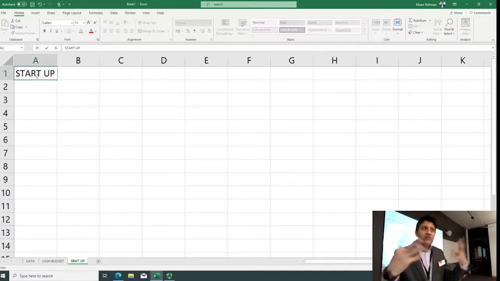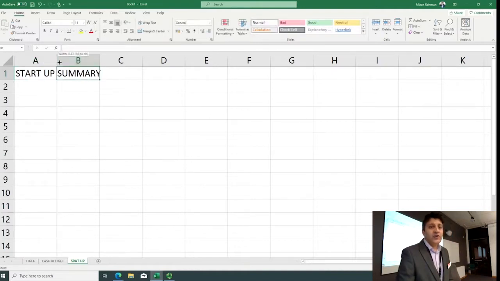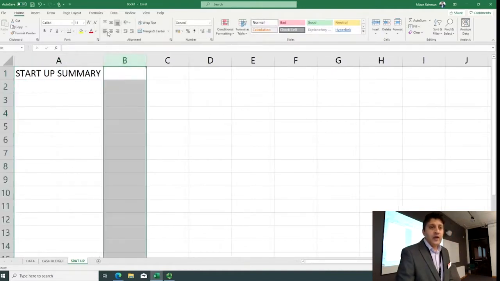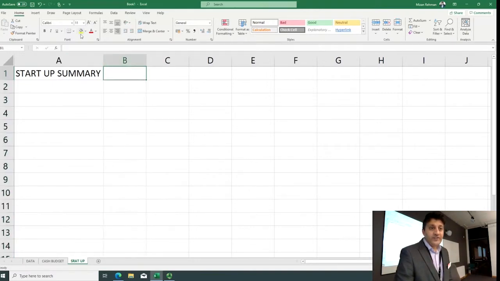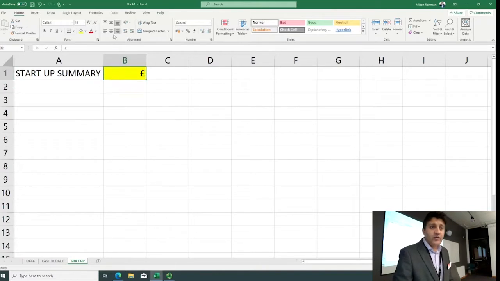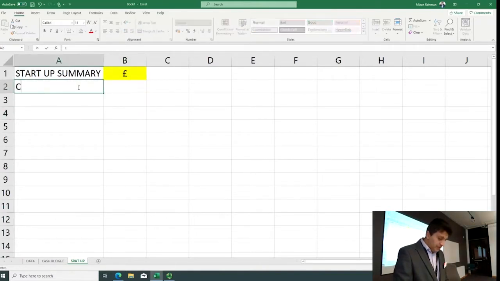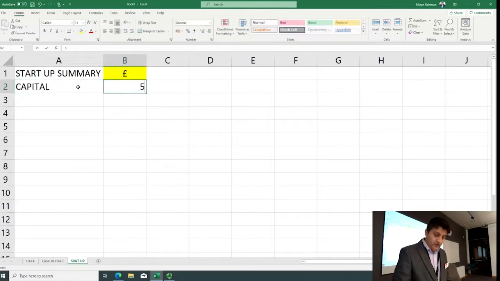Basically, we have some money invested, and some of that is going towards our fixed assets, and some will be going towards our working capital. Capital is 50,000, loan is 200,000.